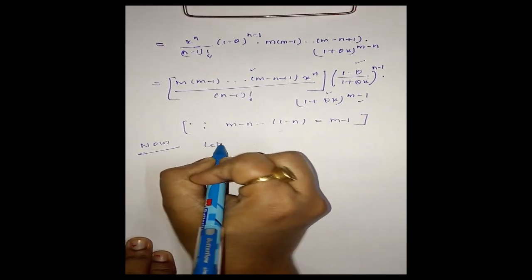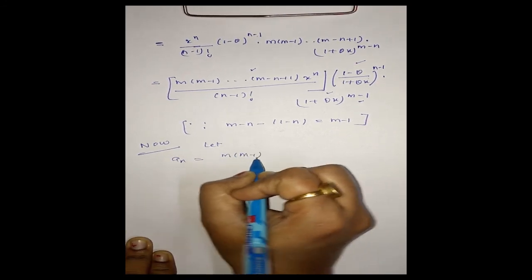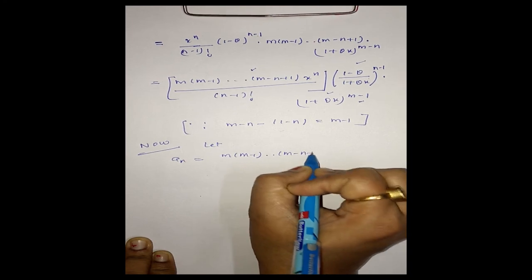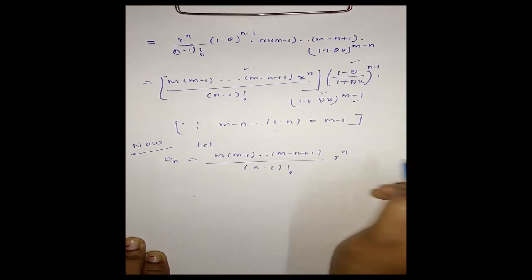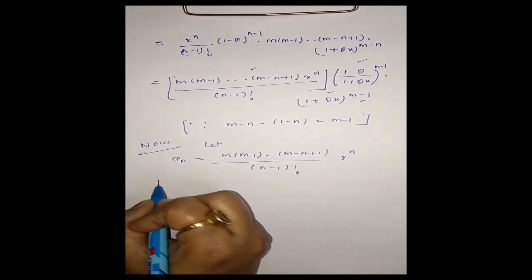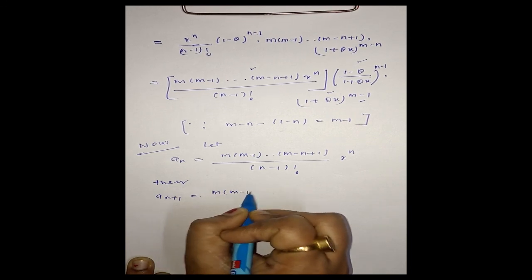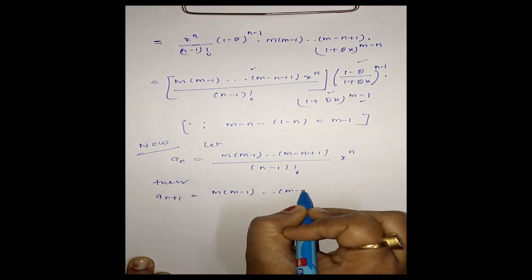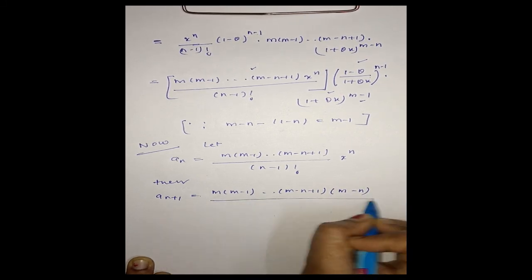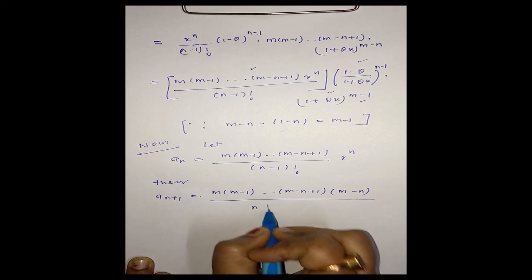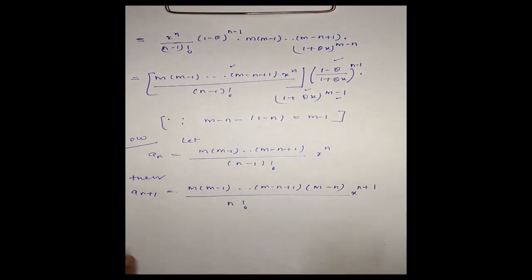Now let an be equal to m into (m minus 1) up to (m minus n plus 1) divided by (n minus 1) factorial into x^n. Then an plus 1 will be m into (m minus 1) up to (m minus n plus 1)(m minus n) divided by n factorial into x^(n plus 1). Okay.